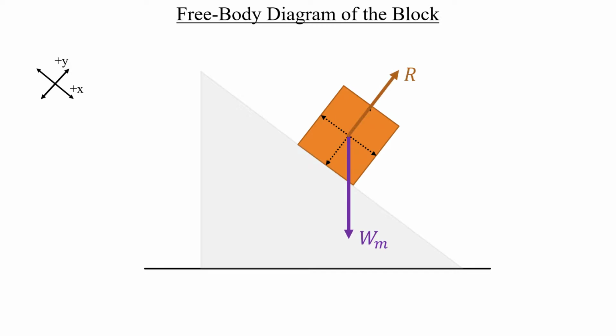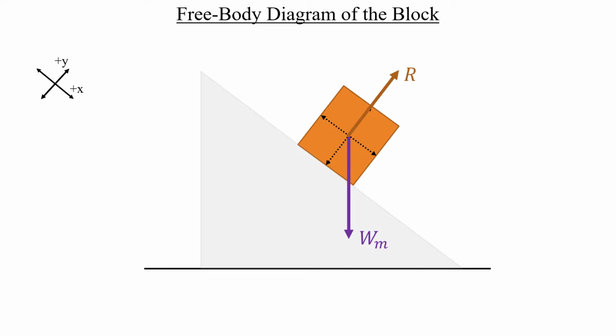Now, there's a couple ways that you can do this problem, but personally I find it easiest if we use the concept of fictitious forces. If we put ourselves in the accelerating frame of the block as it slides down, we can say that it will feel a fictitious force in response to the wedge sliding to the left underneath it.